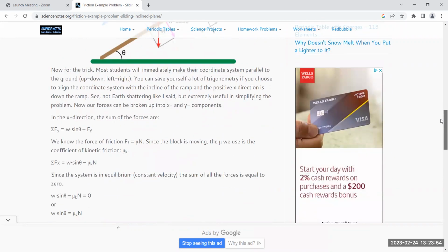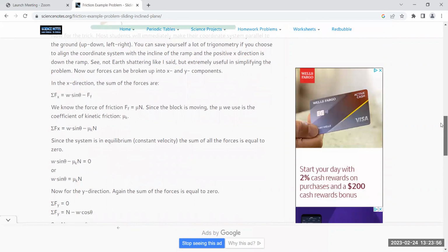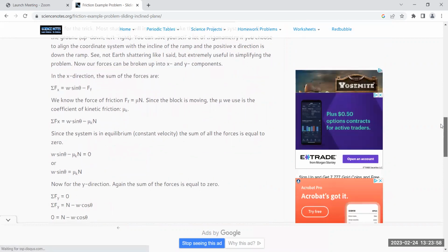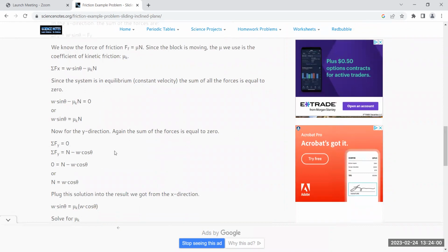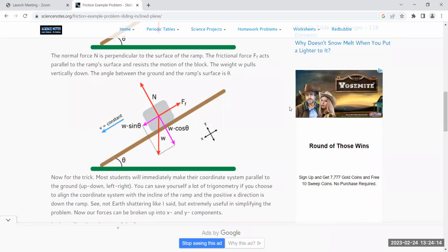But if you are not comfortable with that, and you don't want to just make that assumption, you can calculate it. It's the same thing we did before, but instead of the X direction forces, we do the Y direction forces. Let's go back to our diagram. Now we're talking about the Y direction. So we have a Y direction force that is W cosine theta, and then we have some normal force.